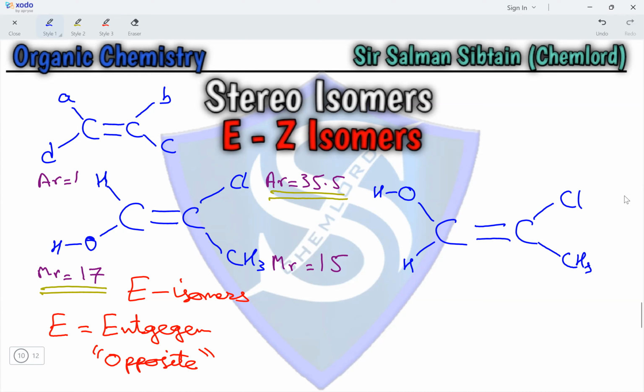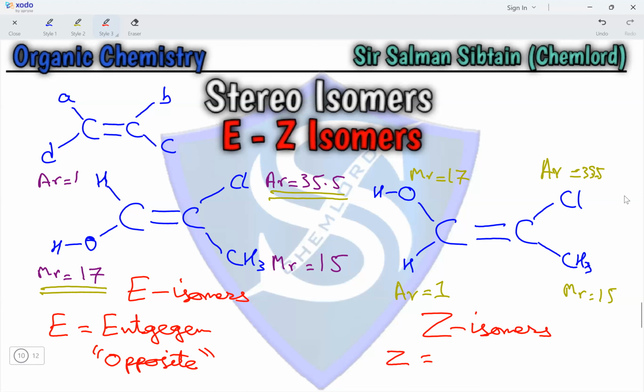So now we have the higher mass of 17 above and the lower mass of 1 below on the first carbon atom, the higher mass of 35.5 above and the lower mass of 15 below. So here we can see that the higher masses are on the same side, or we can see that the lower masses are on the same side. So such isomers are called Z isomers.